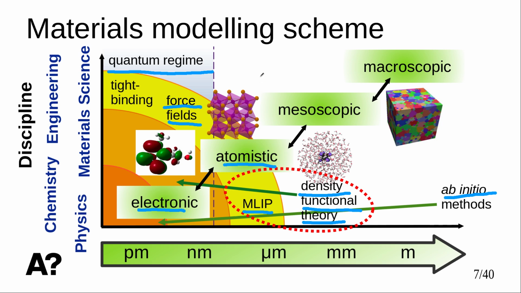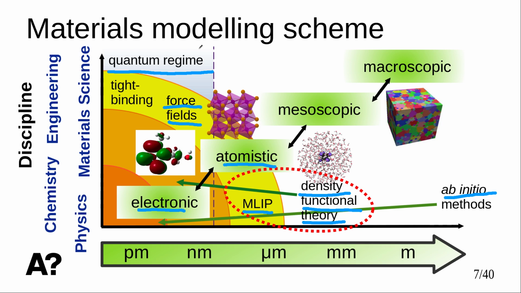Or nowadays we use the machine learning interatomic potentials, which are trained, for example, on DFT data. So they aim for a DFT type accuracy, but not with the cost of DFT, and that allows us to simulate and model a couple of 1,000 atoms. So we can push towards a mesoscopic range with the MLPs, providing us still with quite a good accuracy.